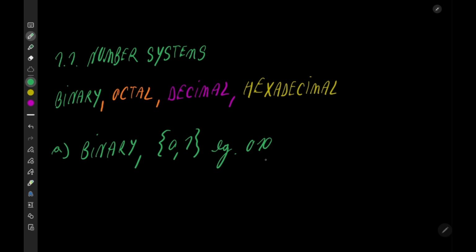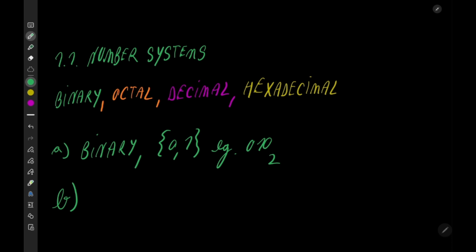But for it to actually be written as a binary number, we have to put this subscript 2. This subscript 2 represents that it is binary. As you can see, binary can only be formed out of two numbers. Because bi means, guess what? 2.